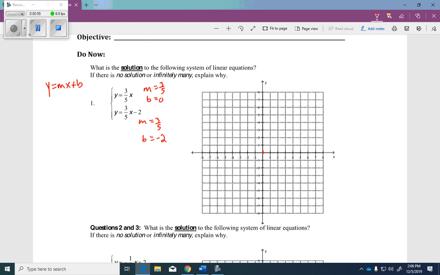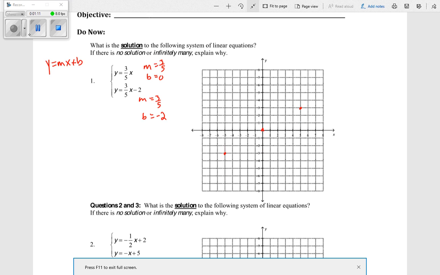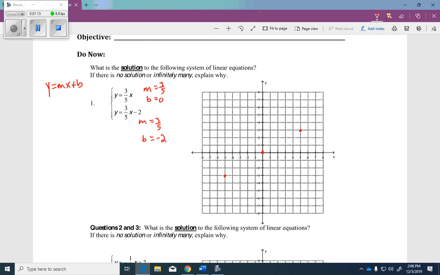But I'll graph it. Make sure you count up 3/5 or the other way. Make sure you label the line.